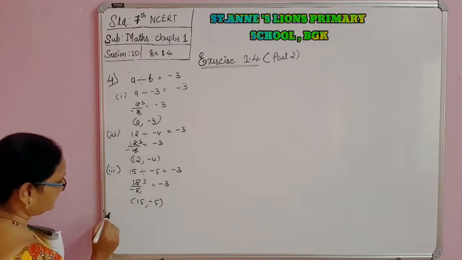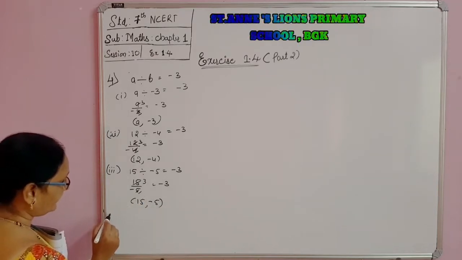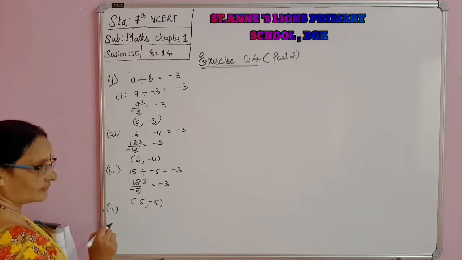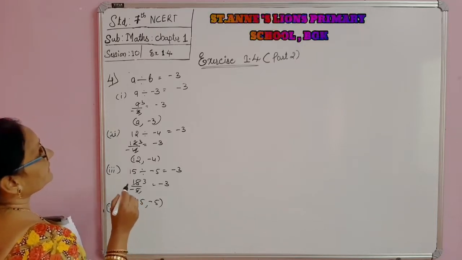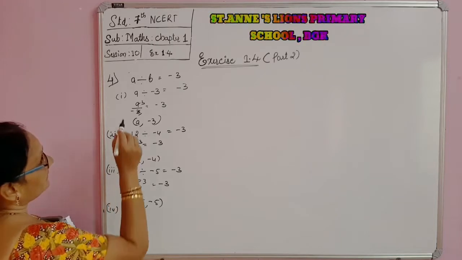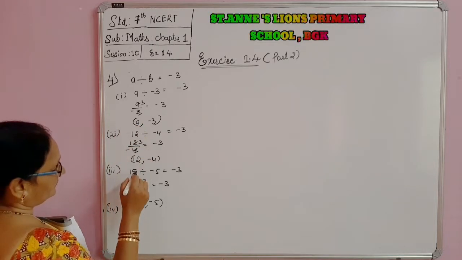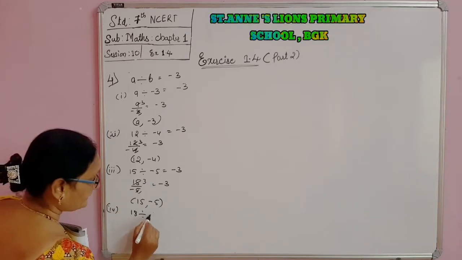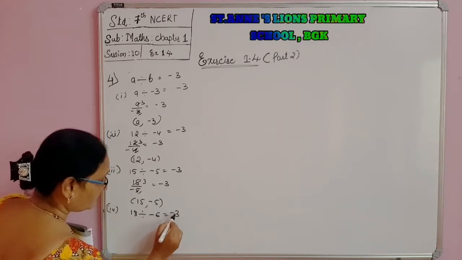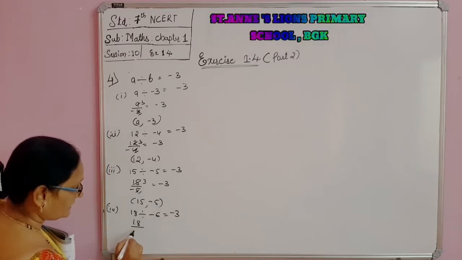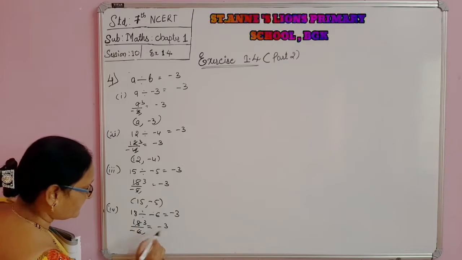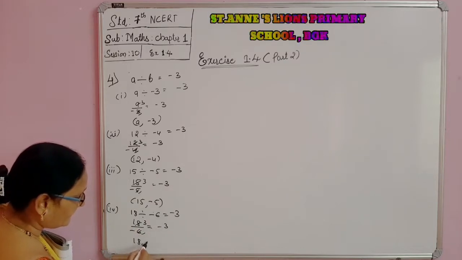Then the same way the fourth one. 6 is taken, 9 is taken, 12 is taken, 15 is taken, now we will take 18. 18 divided by -6 is equal to -3, since 6 ones are 6, 6 threes are 18. The pair is 18 and -6.